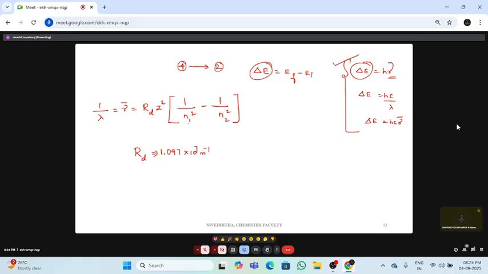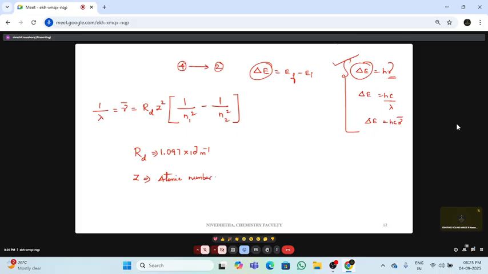N1 is nothing but lower energy level, and N2 is nothing but higher energy level. And what does this Z represent? Atomic number. Very good. Z represents atomic number. See, writing the atomic number in the formula is very important.